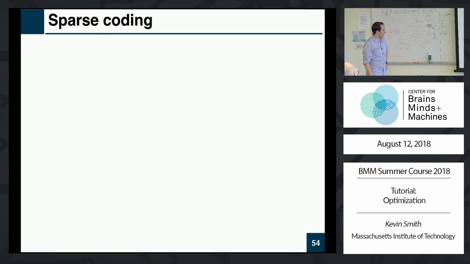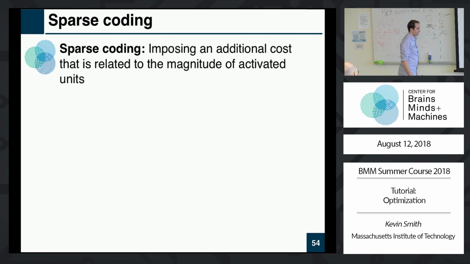Well, we can do what's called sparse coding, which, just like regularization, imposes a cost on the parameters of the model. Sparse coding imposes a cost on the activation of each of those different basis functions.